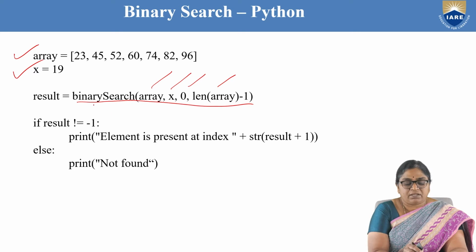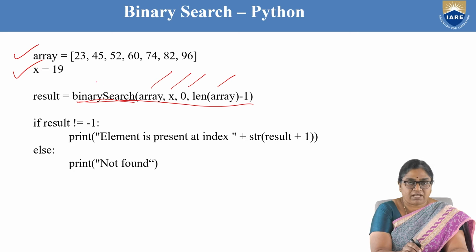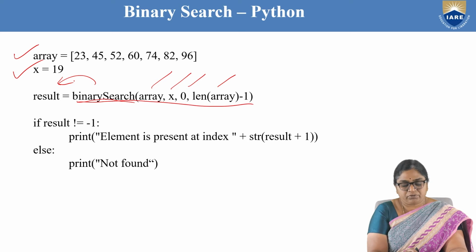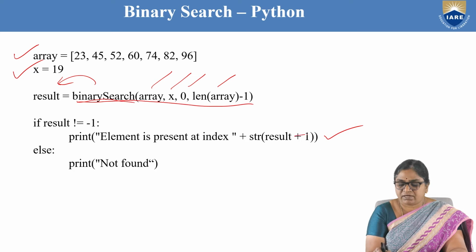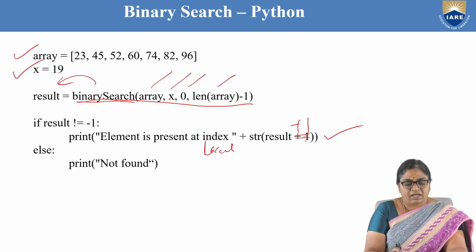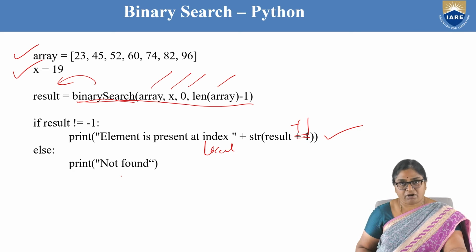So, here the control will be transferred to the function binary search and the return value will be stored in the result. If that result is not equivalent to minus 1, then we are going to display that the element is present at index or at location. If it is index, we will write the result. If it is location, we will write result plus 1. Otherwise, we will display simply not found message.